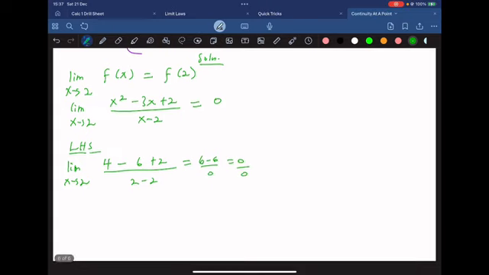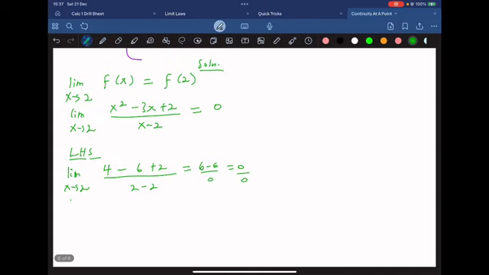Now we don't want this indeterminate. So remember, whenever you have a polynomial, you can just factorize. So how do we factorize this? So first of all, let's factorize x squared minus 3x plus 2. Now this coefficient is 1. We multiply it by 2, so we just want the positive and negative factors of 2.